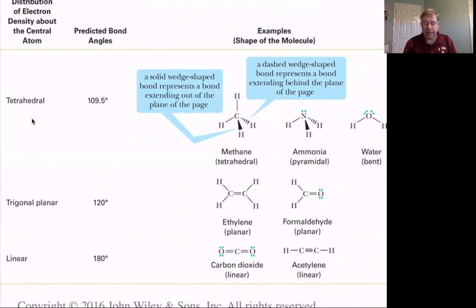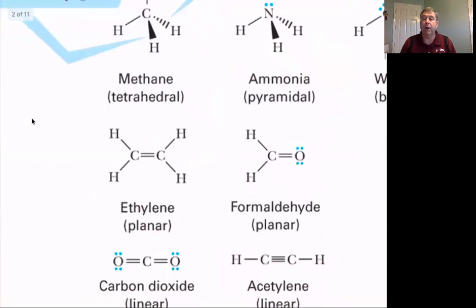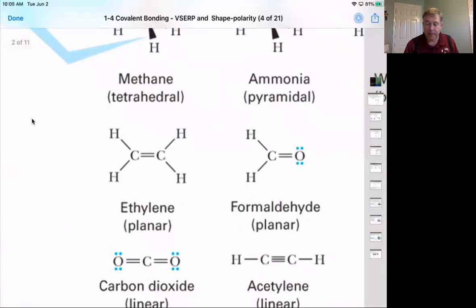So when we have 3 things bonded to the carbon, this center carbon here is trigonal planar because it has 1, 2, 3 things bonded to it. And this central carbon here is also trigonal planar because it has 3 things bonded to it. If we look at formaldehyde here, electronically, that carbon right there is also trigonal planar, and it has 3 things bonded to it, so it's molecularly trigonal planar.